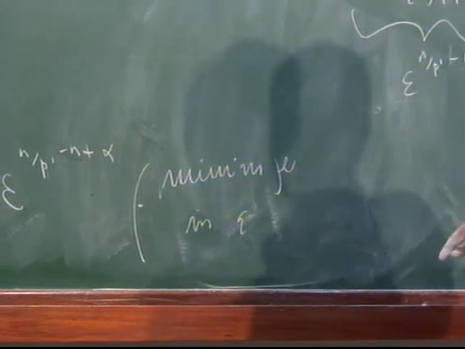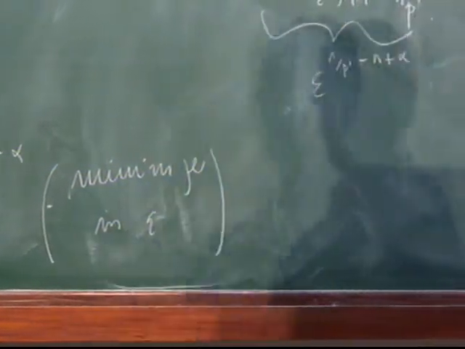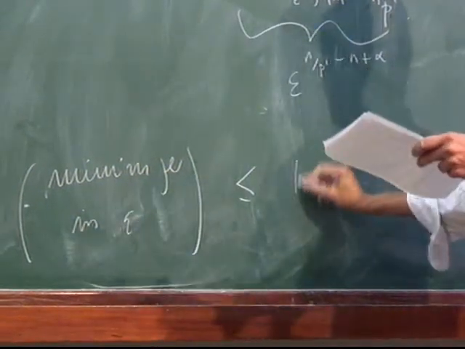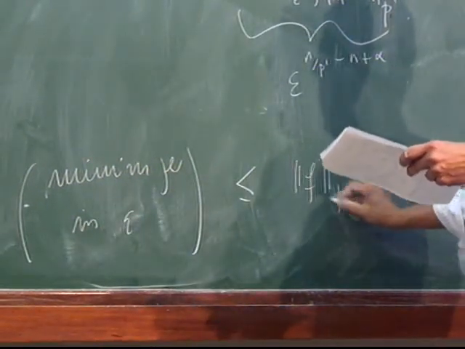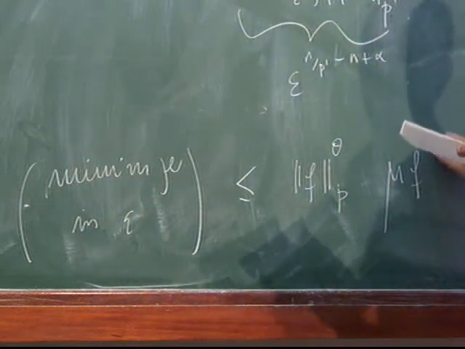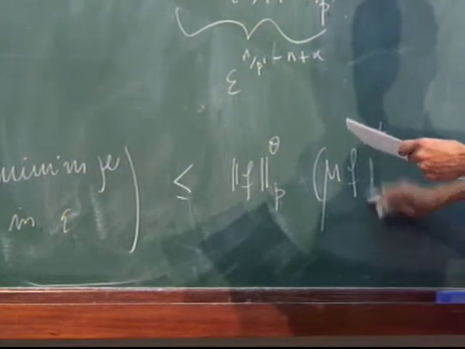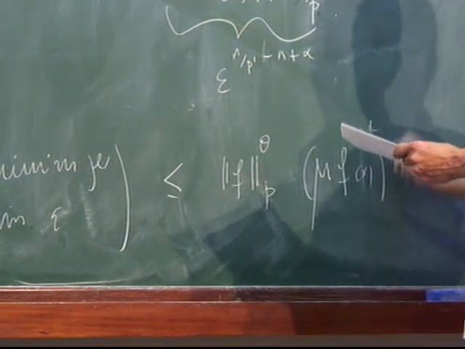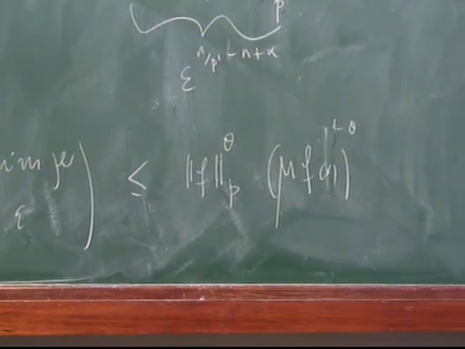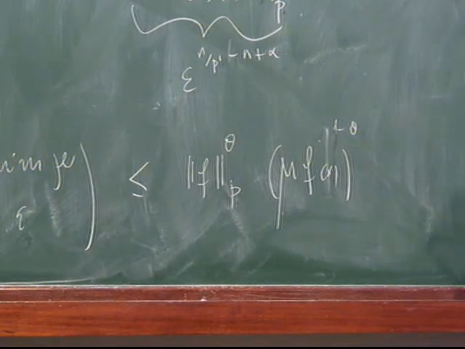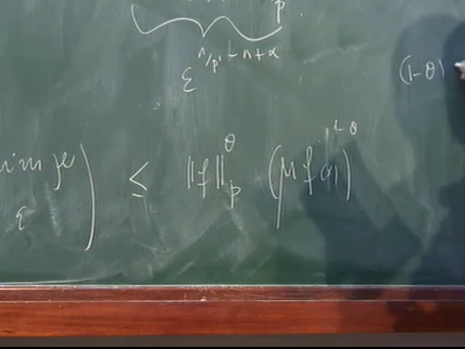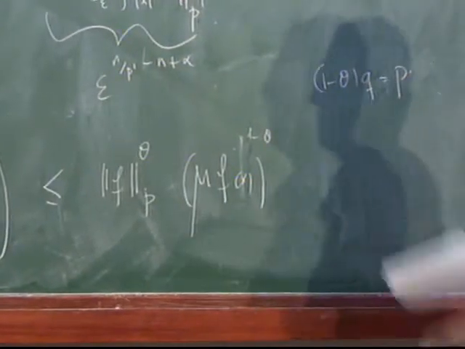When you minimize in epsilon, you will find that this quantity is going to be equal to the norm of f in LP to the power theta, times the maximal function of x to the power 1 minus theta, where theta and 1 minus theta by q is equal to p.